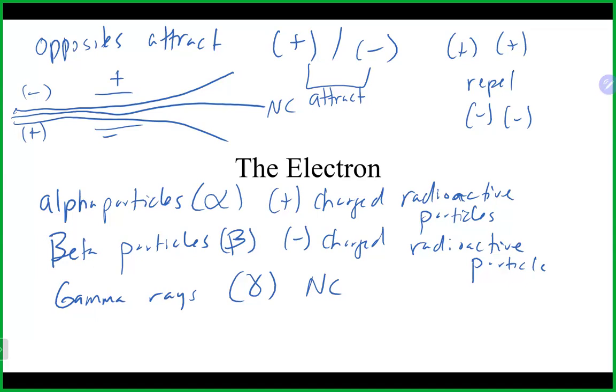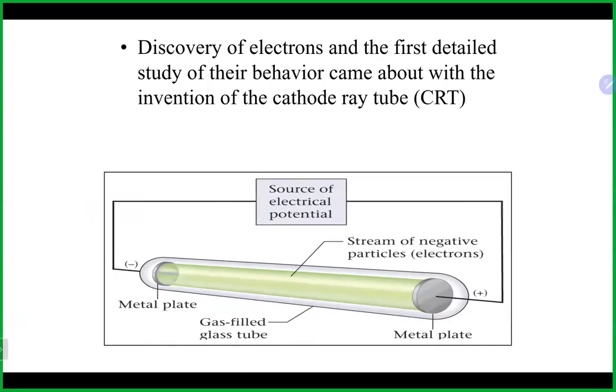So when we look at the electron, one of the first ways that people investigated it came about with the cathode ray tube. The cathode ray tube, which is sometimes abbreviated as CRT, is basically just that idea. It has an electrical field.